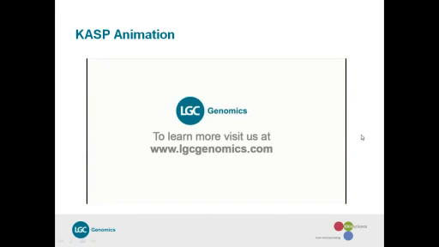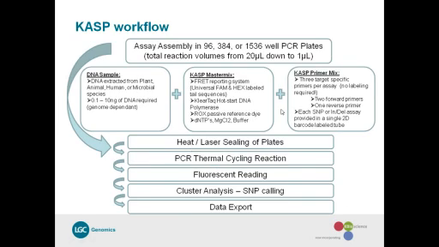One thing that's really nice about the KASP chemistry is our target-specific primers do not require any labeling, as opposed to probes, for example, in the TaqMan assay. Their target-specific probes require dual labeling, both the fluorescence as well as the quencher on the probes, and also the minor groove binding protein. Since those are target-specific reagents, they can't make them up in bulk.